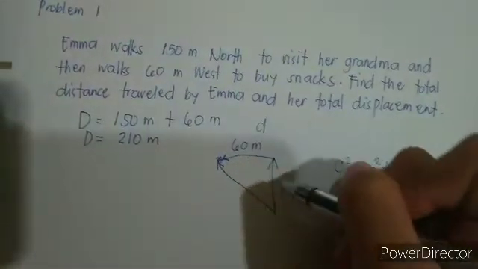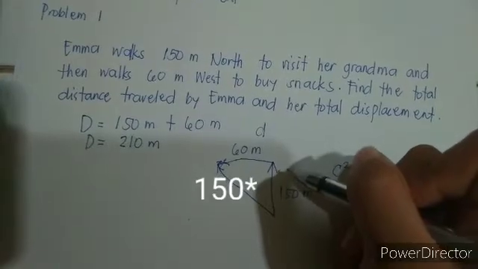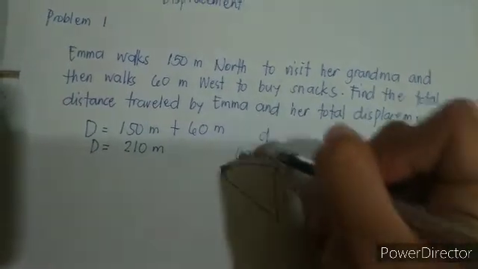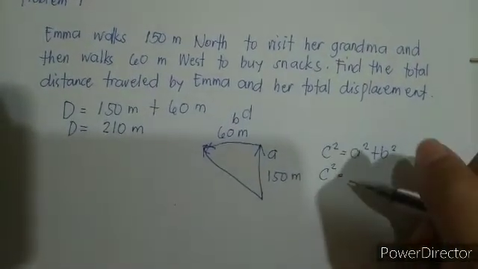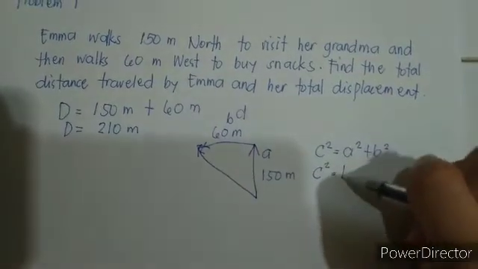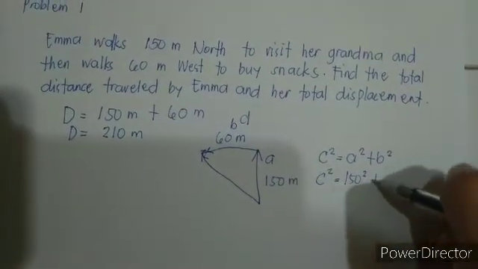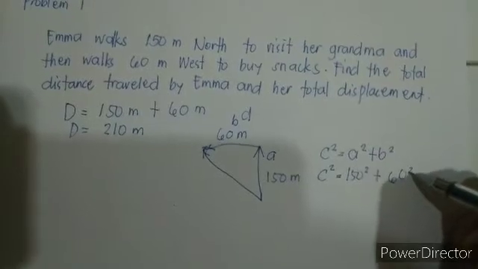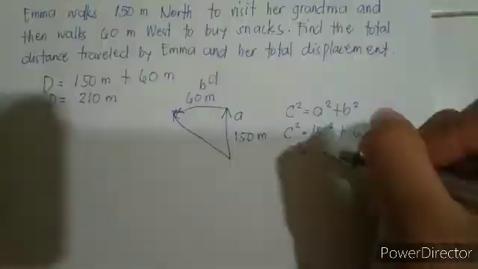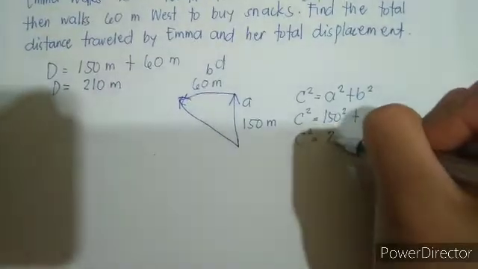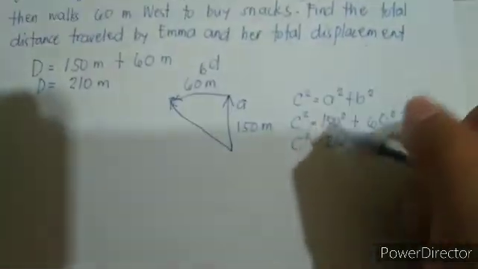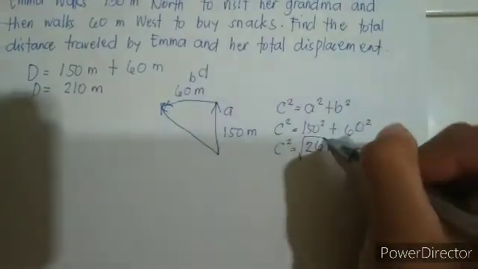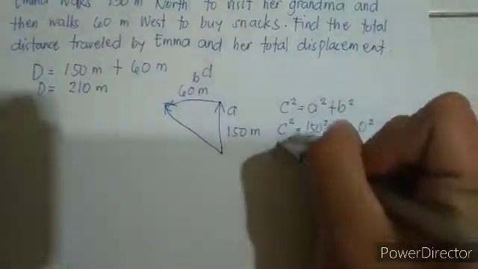So c squared is equal to a squared plus b squared. Let's have 150 meters as the a and the 60 meters as the b. So c squared is equal to 150 squared plus 60 squared. That is equal to 26,100. So let's have the square root to cancel the square.